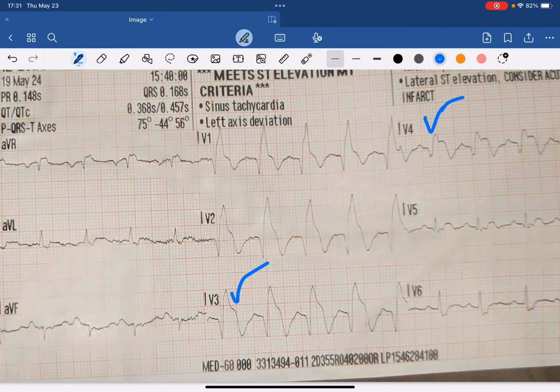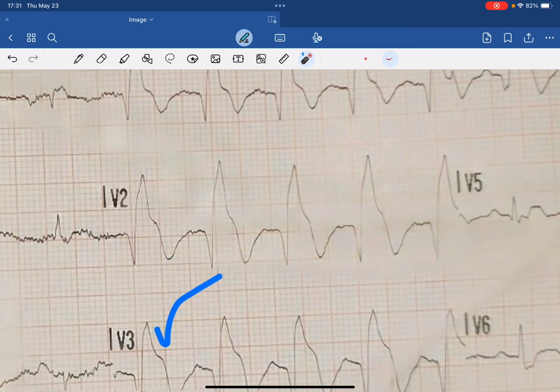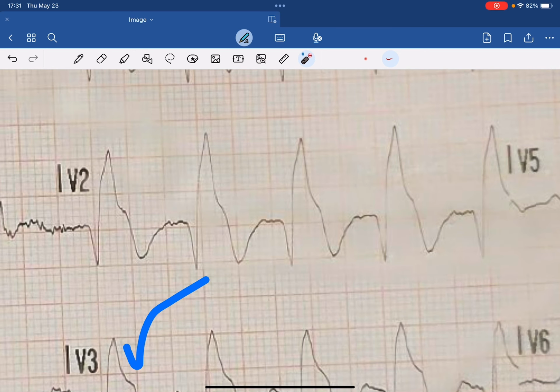We can apply this to the other leads like V2 and V1. If we take V2 here and measure that out, the QRS complex starts here. So let's see, it's about 1, 2, 3, 4. Again, kind of blurry, so it's difficult.